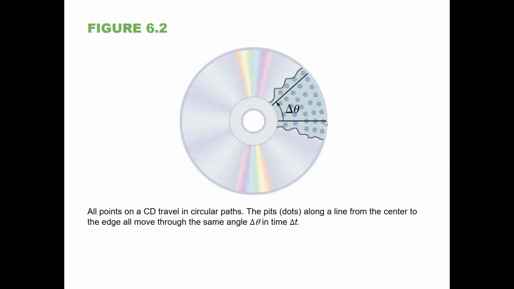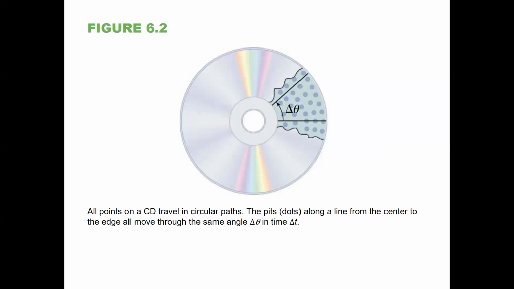So delta s is how far this point got from its initial position to its final position in about 5 seconds. The angle between the initial position and the final position is known as delta theta.